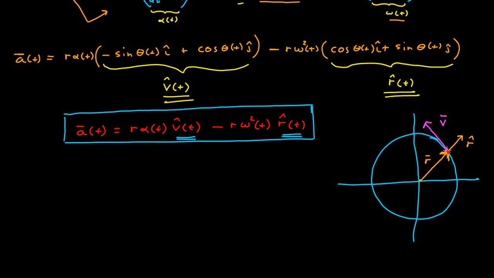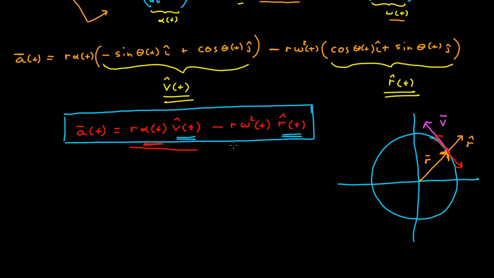Now it has a component here that points along the line of the velocity vector. Now it can point either way. It can point in the same direction or the opposite direction, but it points along the line of the velocity vector. This alpha function can be positive or negative.